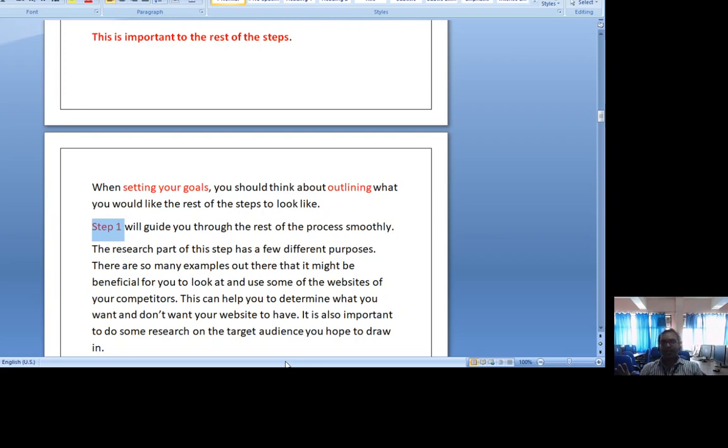Whatever goal we are deciding, while outlining that goal, one should go through it in a smooth way to achieve that goal. There should not be any haphazardness. There should not be a pressure to meet the deadline.